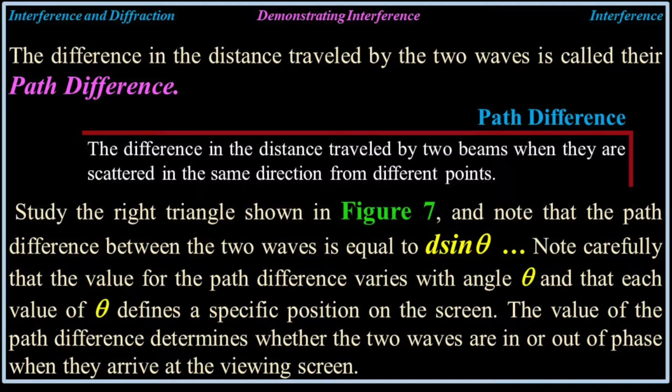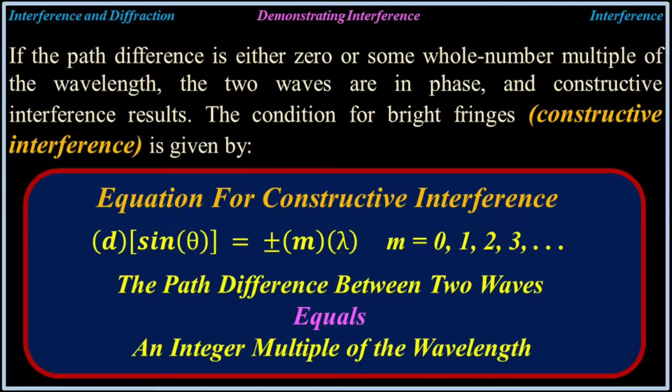The value of the path difference determines whether the two waves are in or out of phase when they arrive at the viewing screen. If the path difference is either 0 or some whole number multiple of the wavelength, the two waves are in phase, and constructive interference results.